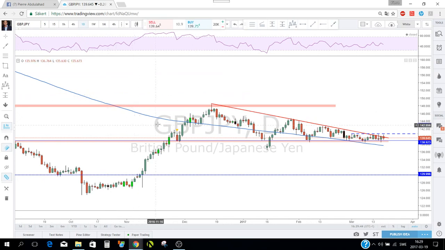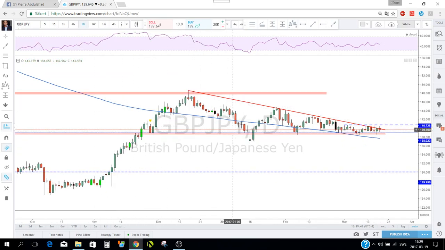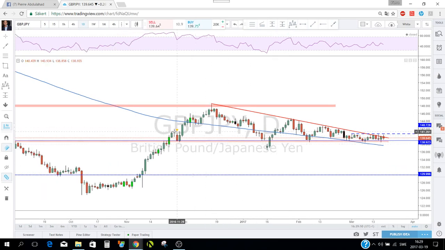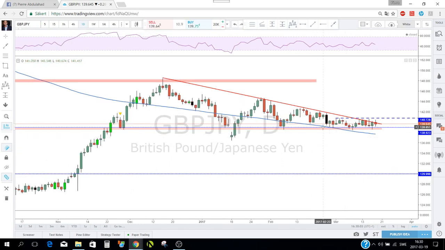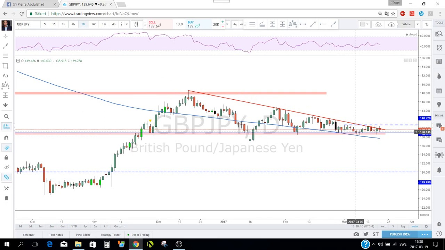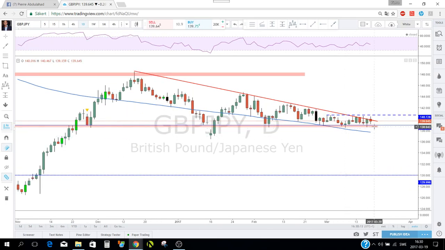And I did put this daily 200 moving average, and as you see, since we broke it back here, we did close below it one time, then traded above it, then closed below it one time, and got rejected directly. So as for now, price has been flirting with this 200 moving average for a while now, and it looks like this level is still holding.